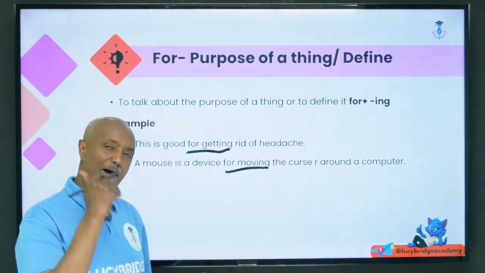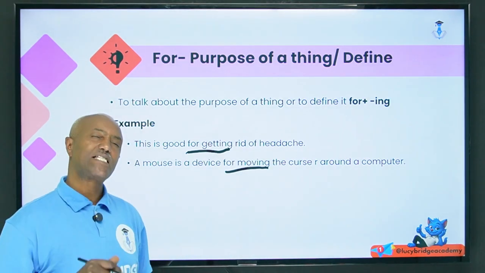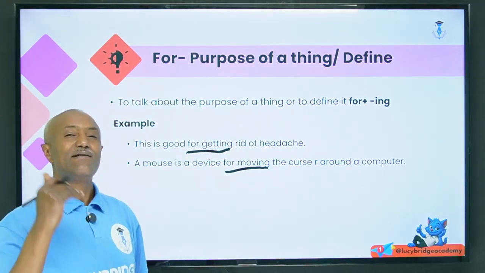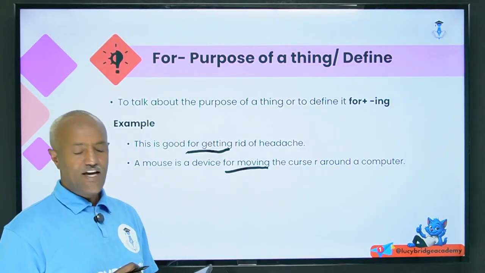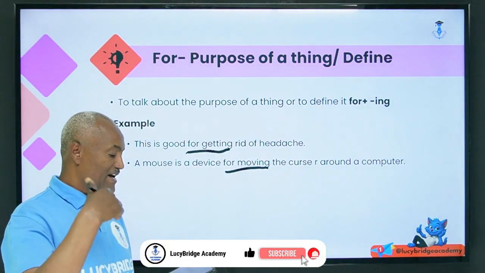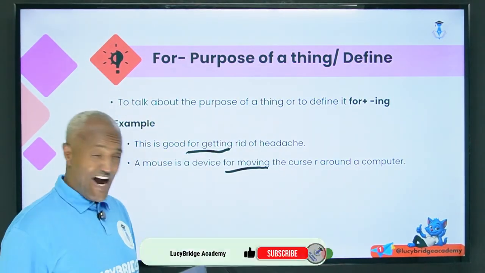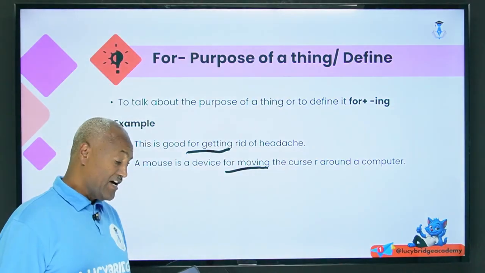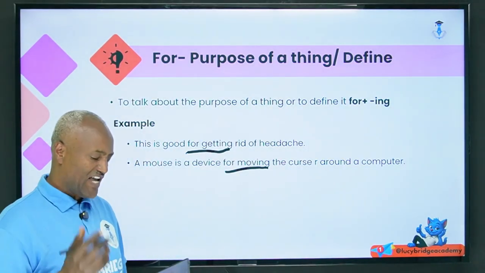So that is why I firmly advise you not only to master the rule, but also to analyze the meaning. What does it mean? That helps you. For instance, when we state the purpose of a thing, or else define it, we use "for" plus -ing.